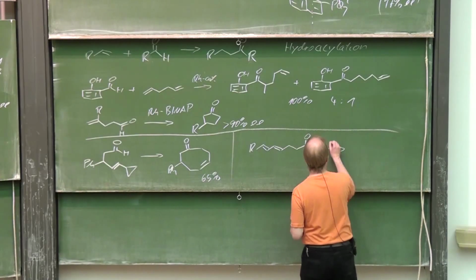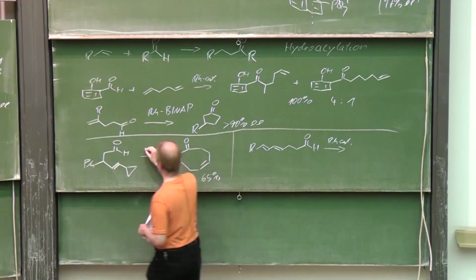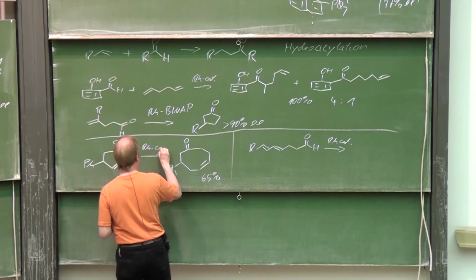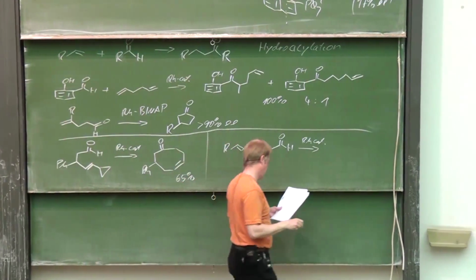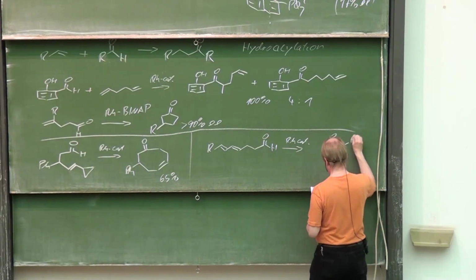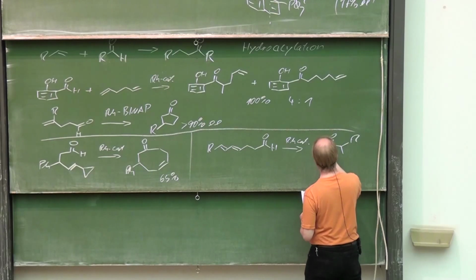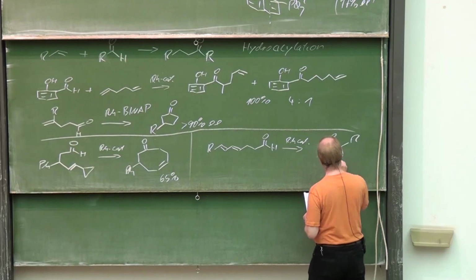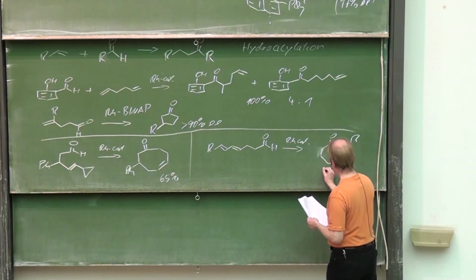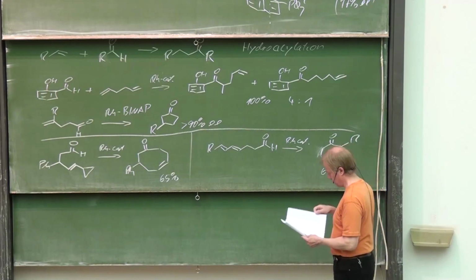So, also rhodium catalyst, 62% yield of this structure.